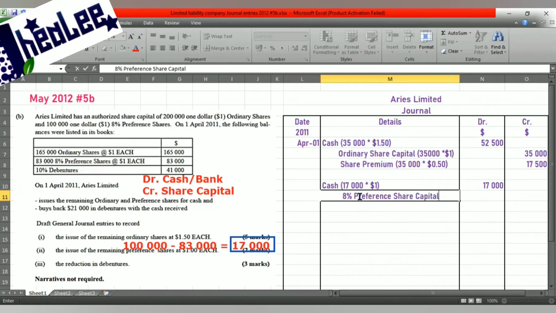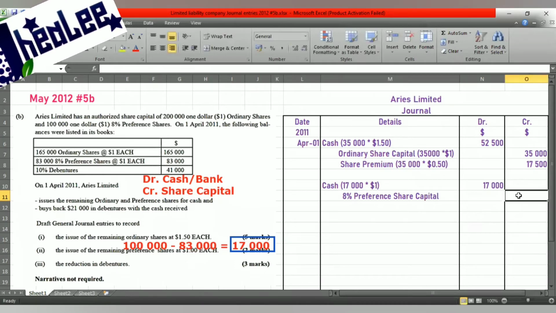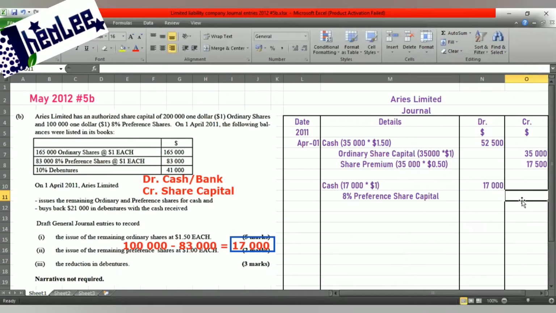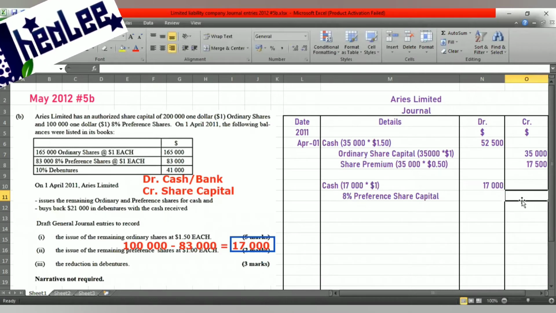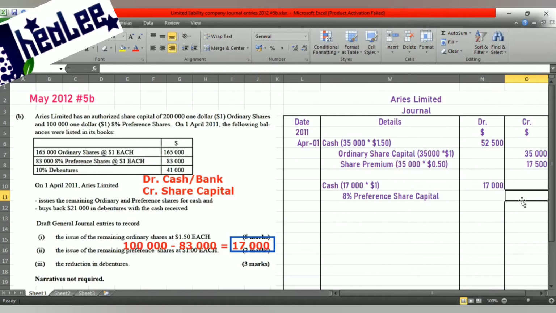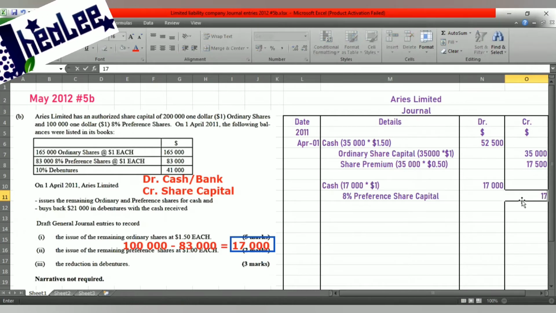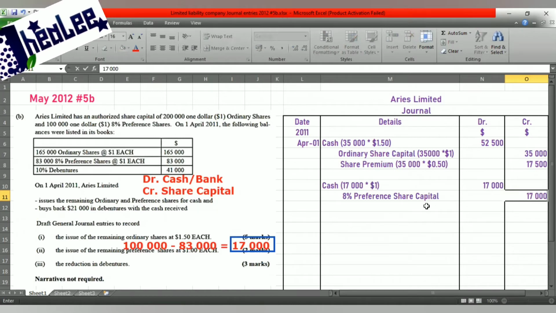And because it is sold at the nominal value, which is $1, all of that will go to the preference shares. If it was sold for more than the $1, the extra would go to share premium. But in this case, there wasn't any share premium that was generated from the issue of the preference shares. So we're recording the 17,000 to our preference share capital.